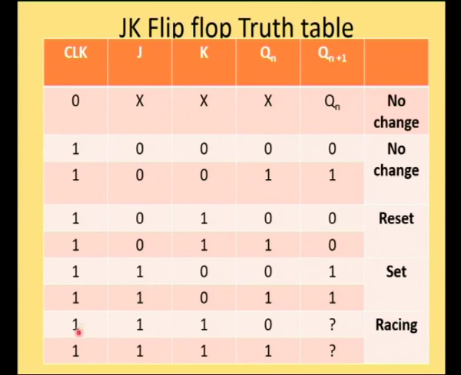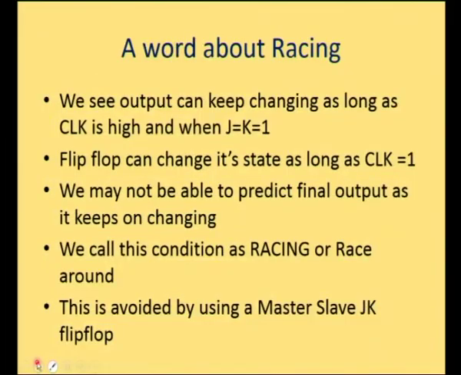Because the clock remains at 1, after some time from 0 it becomes 1. Once it becomes 1, it can again become 0, again 1, it keeps on complementing itself again and again. But will you be sure what would be the answer? No. So, this is a problem with the JK flip flop. So, how is it overcome? By using a master slave flip flop.